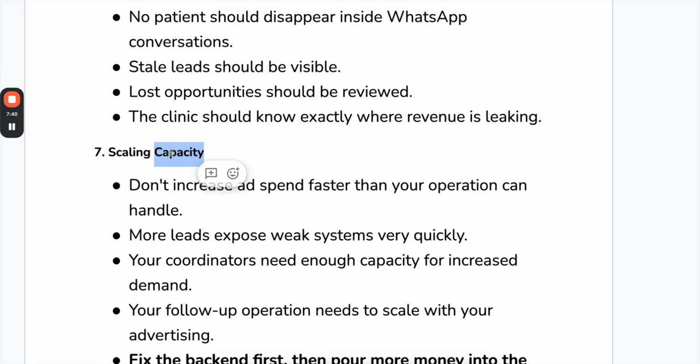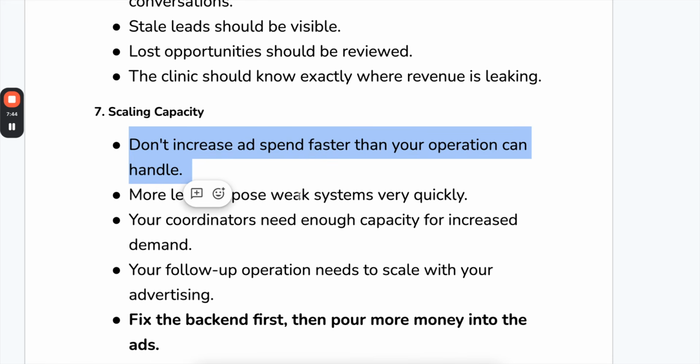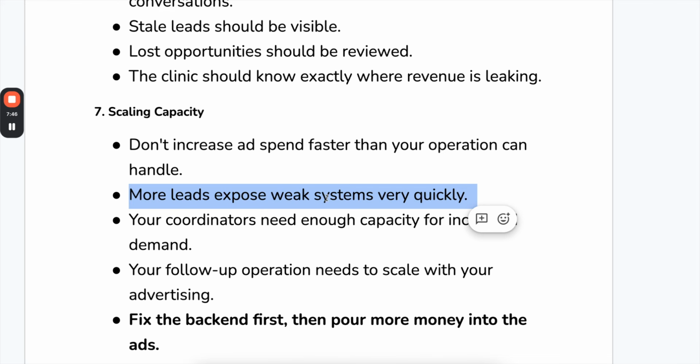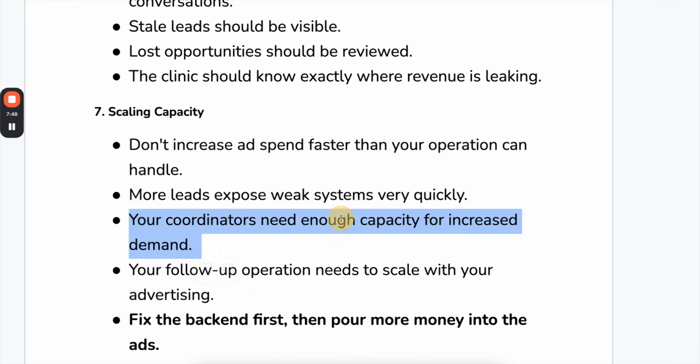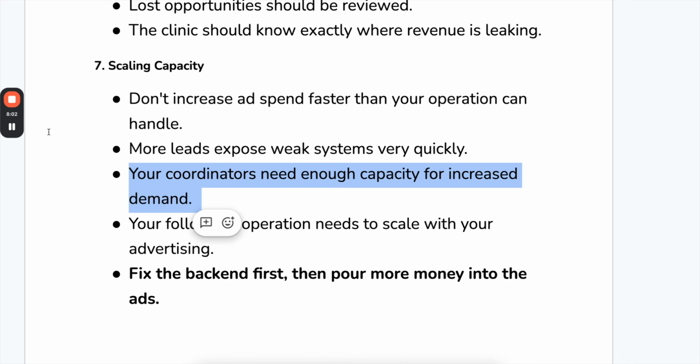And scaling capacity. Don't increase ad spend faster than your operation can handle it. More leads expose weak systems very quickly. Your coordinators need enough capacity for increased demand. So you need to understand how to handle 700 more leads, 700 more inquiries, 700 more patients. You need to understand how to handle them.